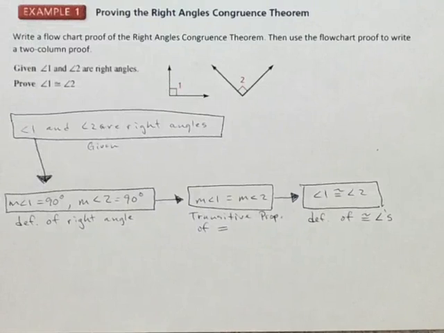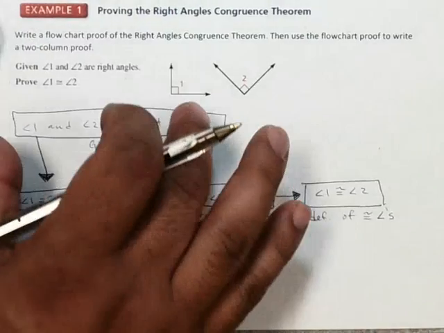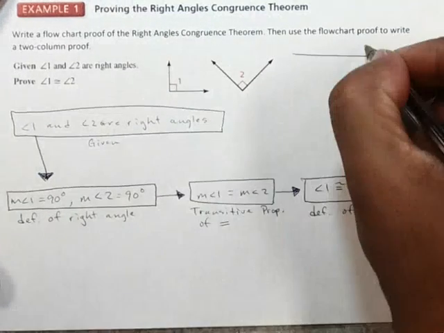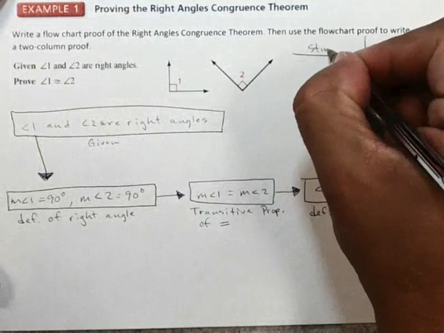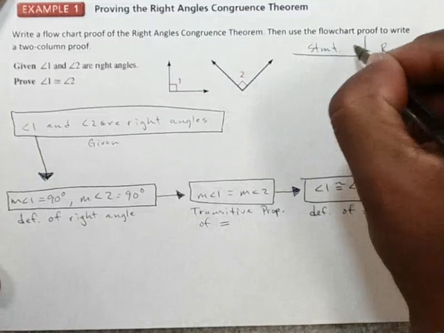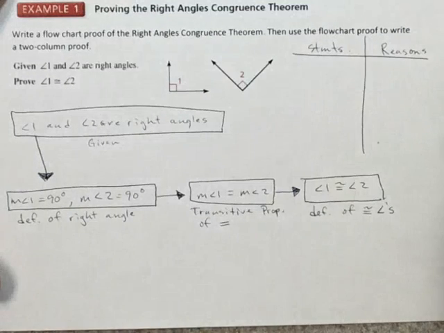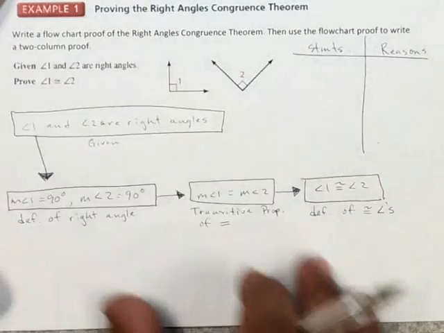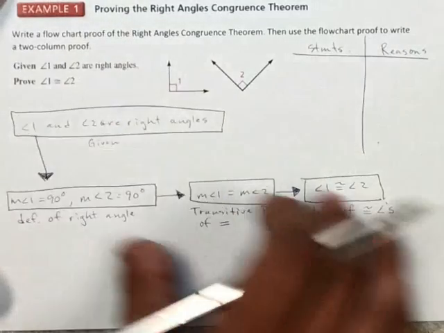Now, this is just another way to model a proof. We use a two-column proof. That's the most popular one, where we have our statements on one side and our reasons on the other side. If this flowchart thinking helps you, by all means, write that out.